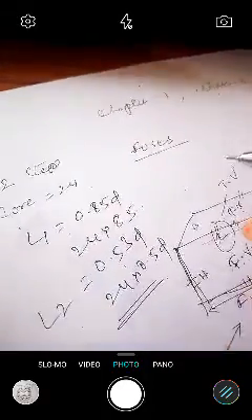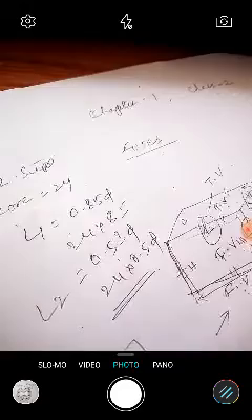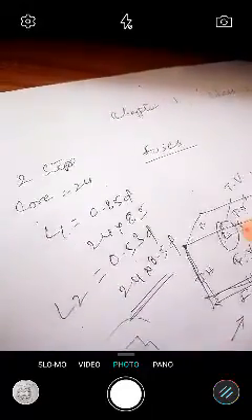We will take these values and draw them up and down, with the same approach.